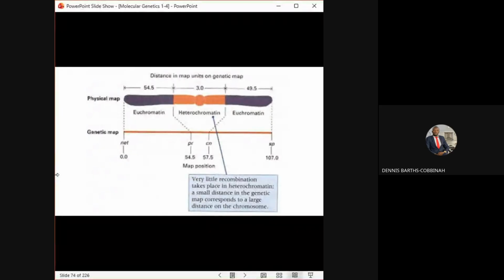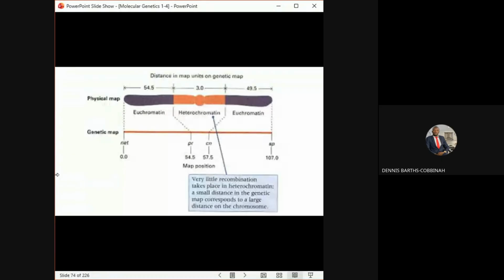Now in the heterochromatin portion, the map distances between the genes are very close, and transcription is most unlikely to occur. That is, copying of segments of these genes or of this chromosome is most unlikely to occur because of the map distances. Very, very, very close.